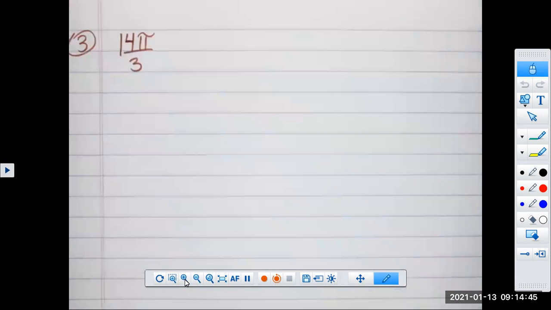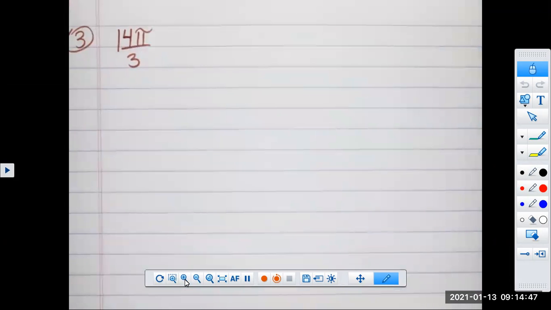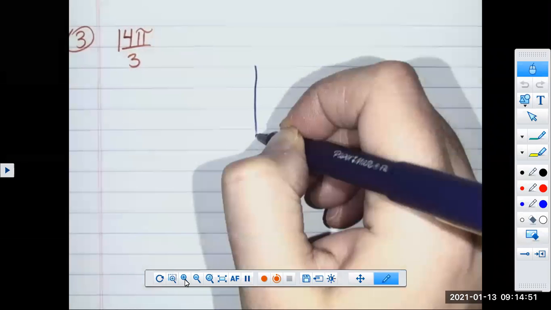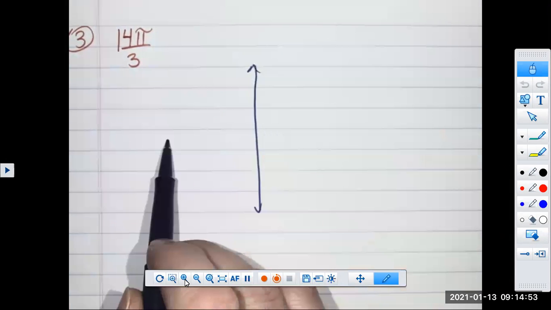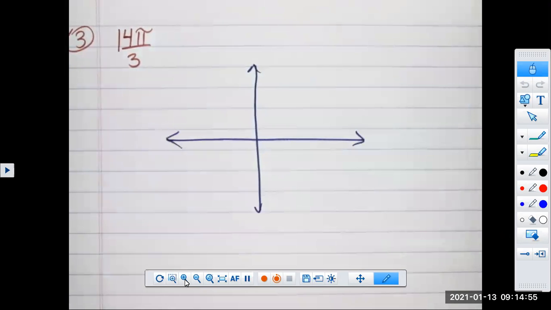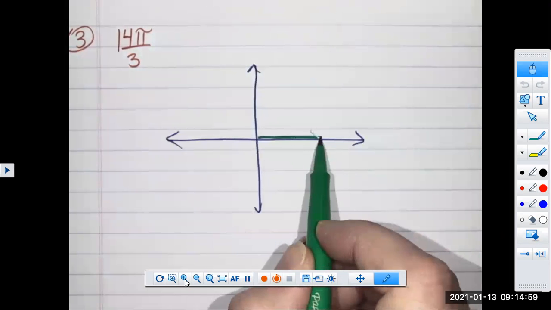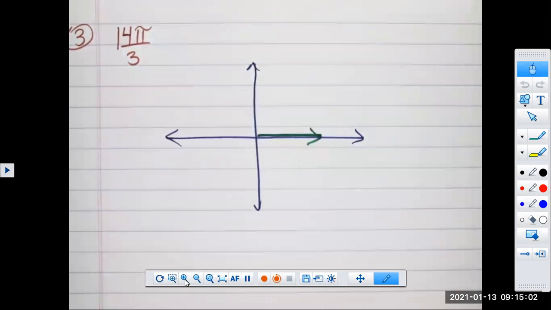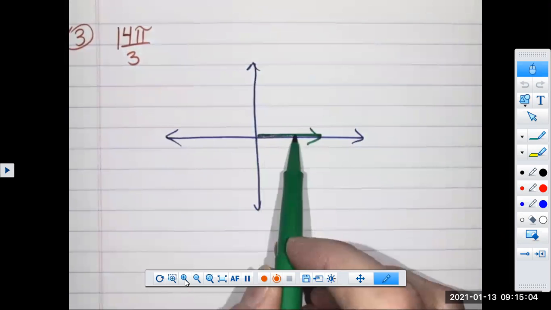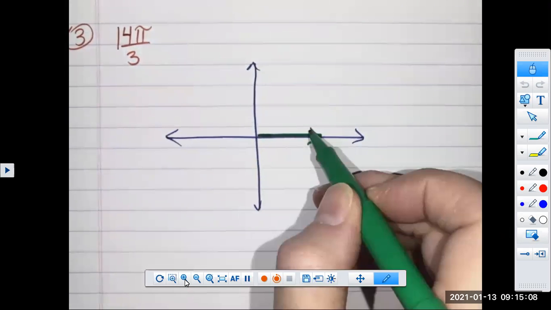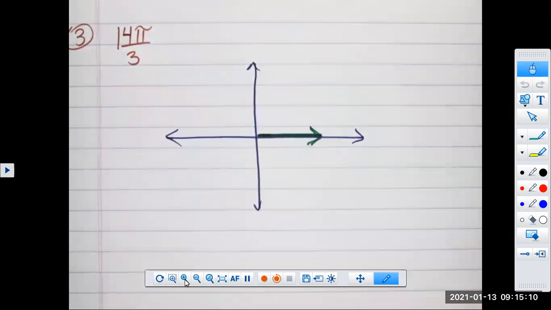All right, last one we're going to look at, drawing angles, positive 14 pi over 3. Okay, how many times do you think you're going to go around?